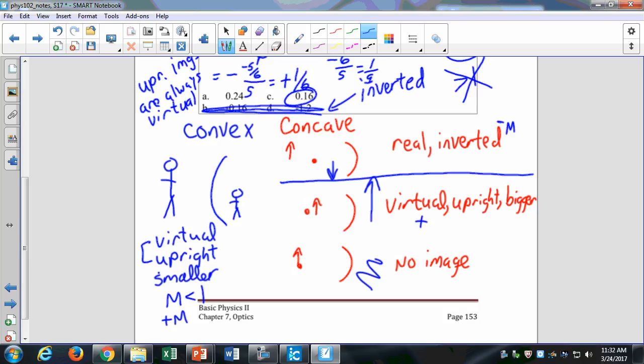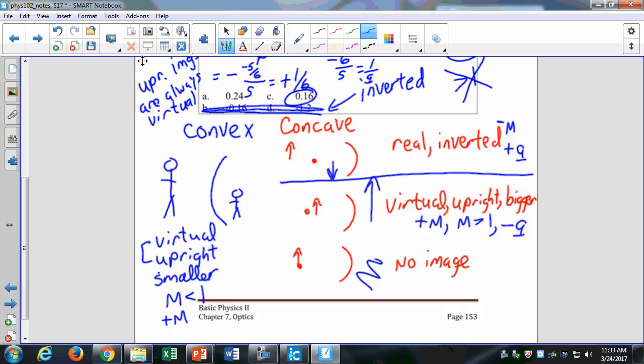This one produces a positive magnification, and also a magnification that's always bigger than 1. Let's see, this one up top produces a positive image distance. This one produces a negative image distance. Just knowing these types of images that mirrors form will help you to answer some of the questions. You'll see what I mean.